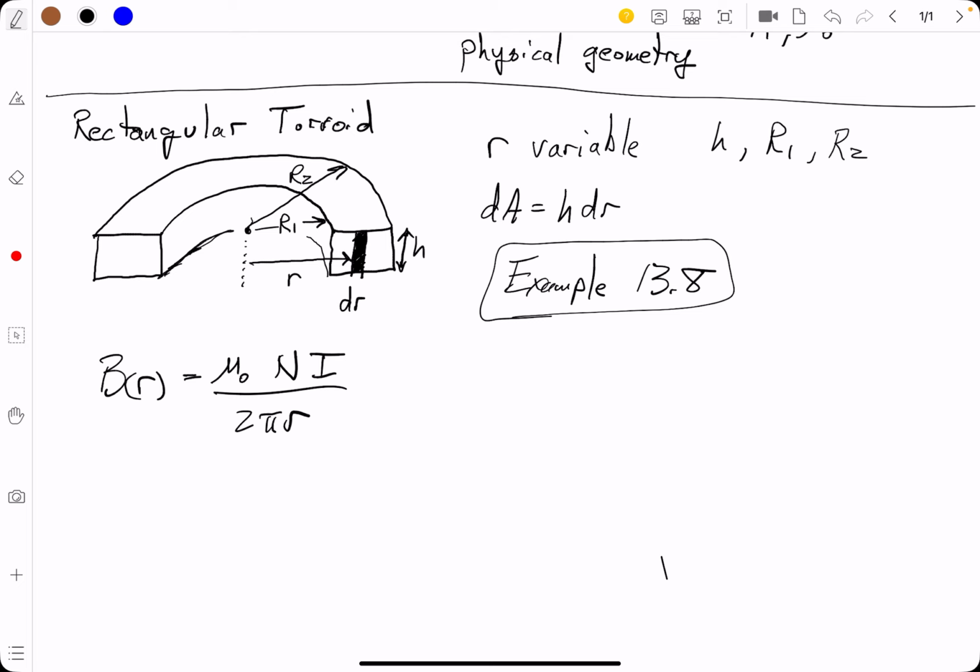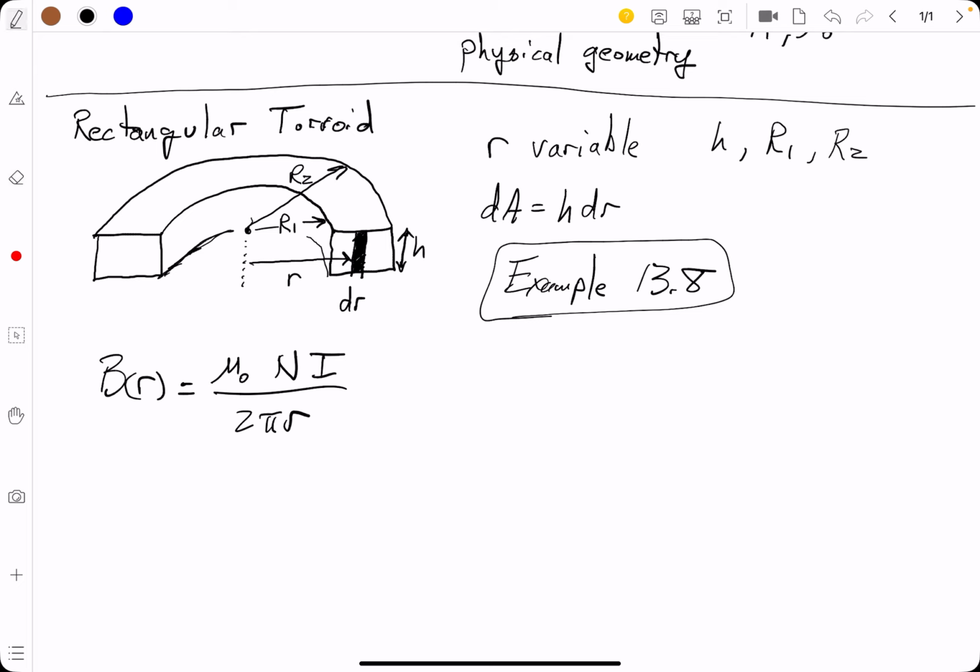I don't know if we're going to show that. Here's what I'm saying: what I'm going to say is it can be shown. How about that? This is our B field.